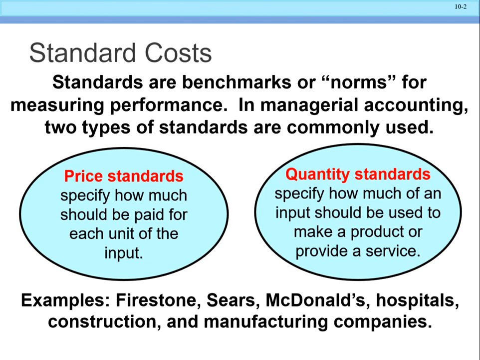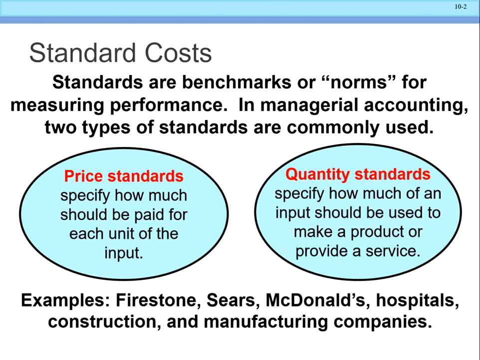So we normally consider just a unit cost of producing a product. Then when we take the unit cost of producing a product times the quantities that we want to produce, we end up with a budget. So there is a close relationship between standard costing and budgeting.